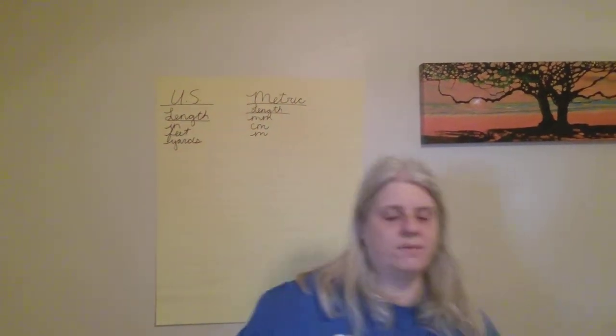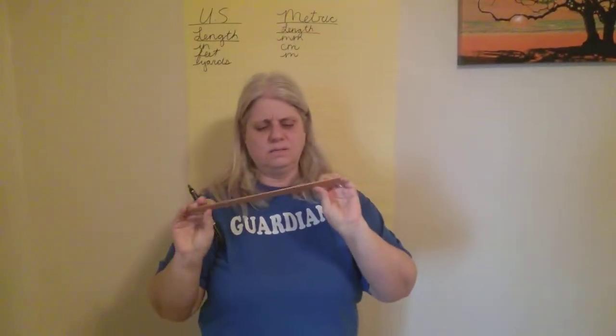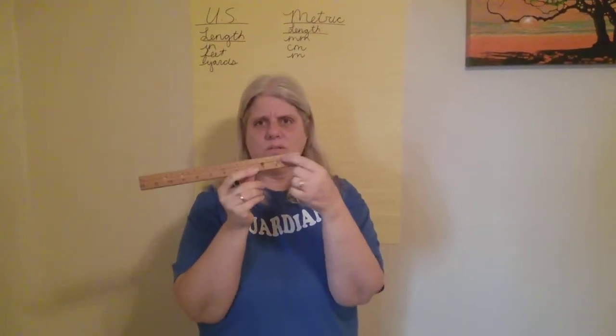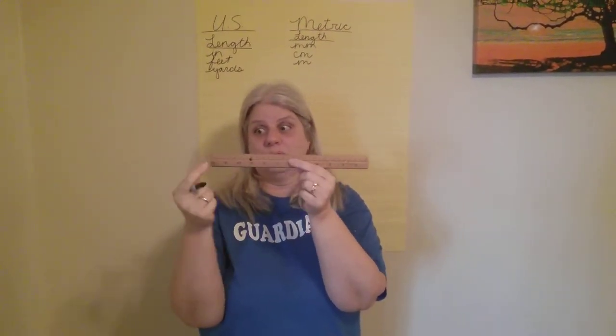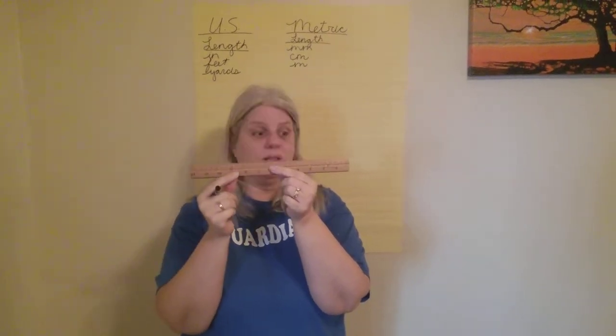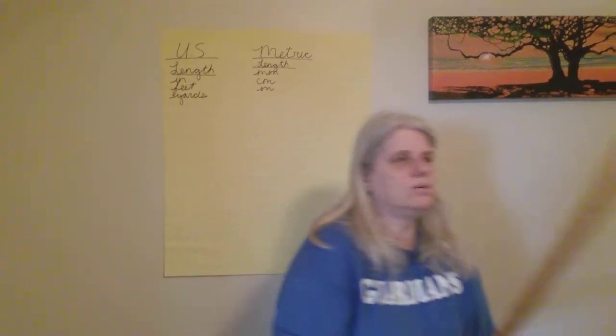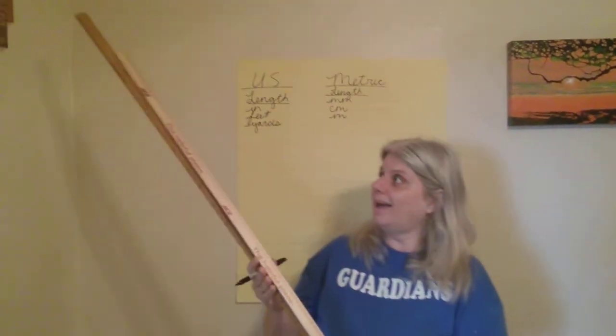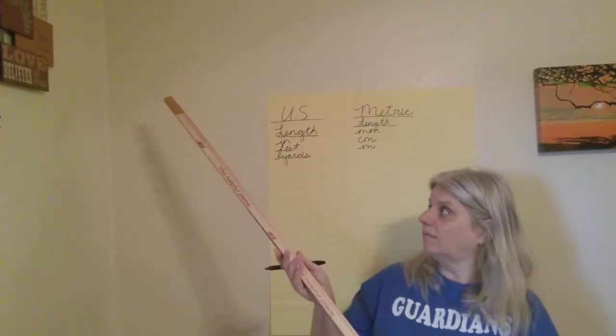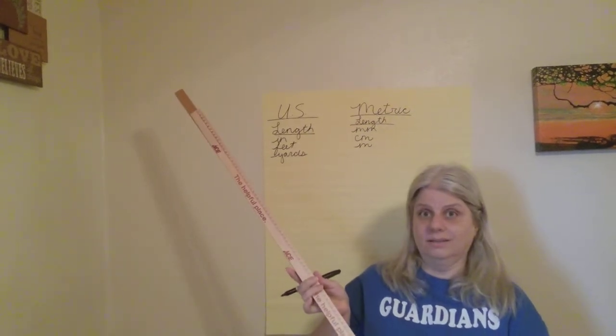So remember we talked about this. These are the centimeters, the ones that have the numbers, and then the little lines are the millimeters. And remember we talked about how a meter stick is actually a little bit longer than a yardstick.